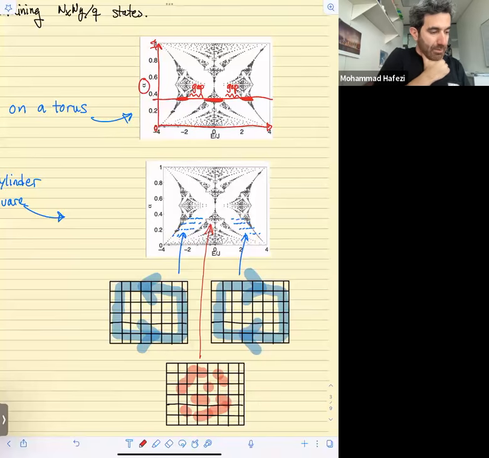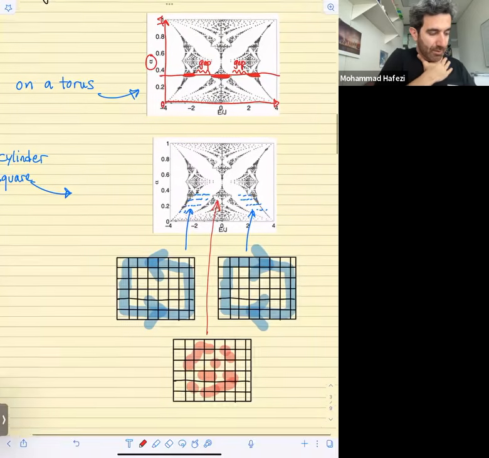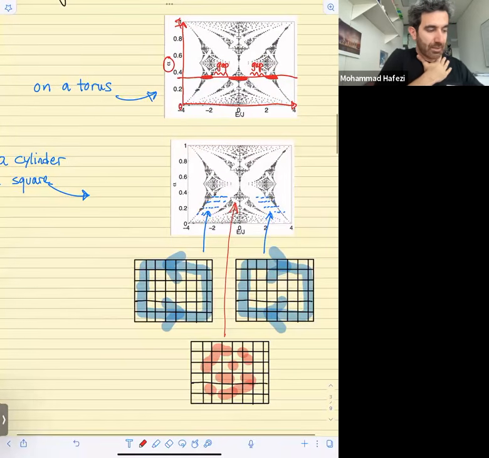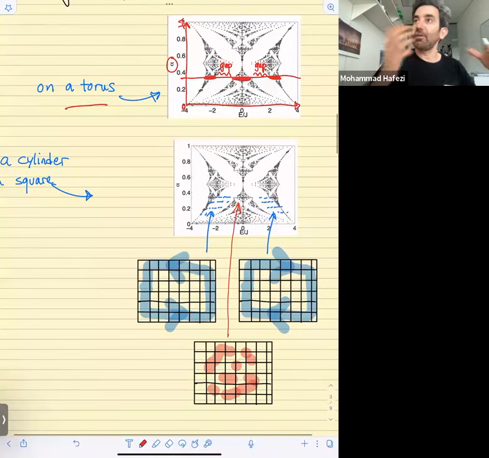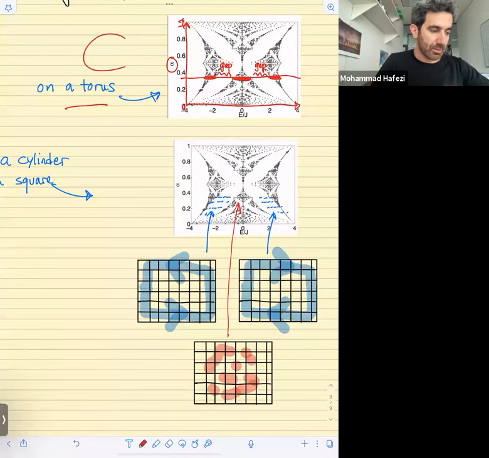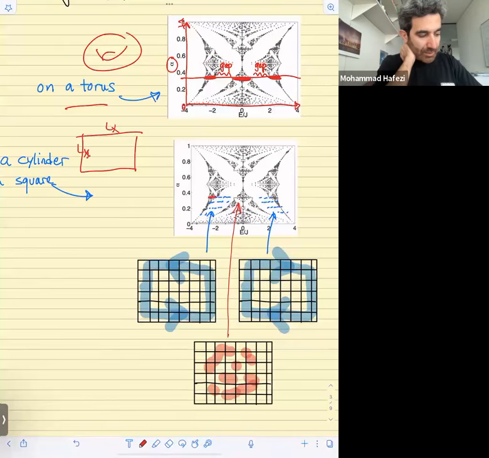Okay? So now, if I look at a system that is not on a torus, but on a square, not with periodic boundary conditions, just a rectangle, let's say Lx and Ly, then apart from the states that you had in the past, you will see some states that appear between these bulk bands.